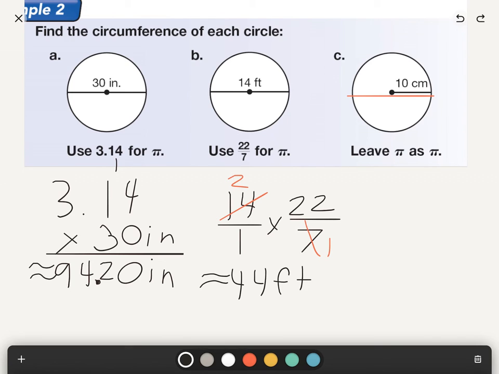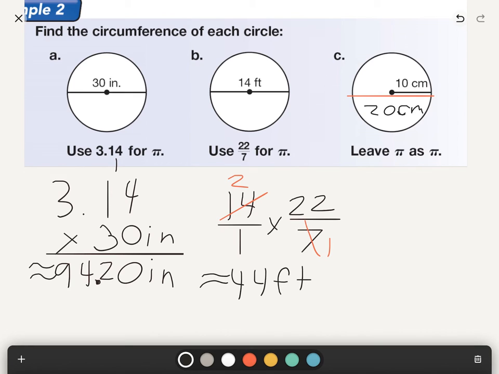Okay, so let's just wrap this up so that we can get on with the rest of our afternoon. So, C is almost the same as example 1. Okay, great. All right, so 10, we first will get the diameter, which gets us our 20.